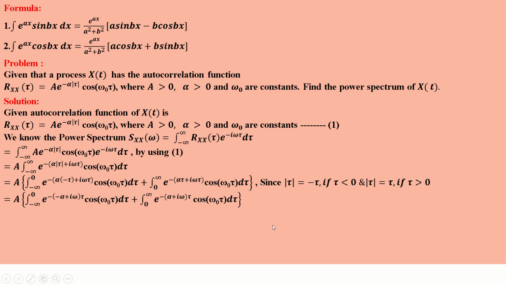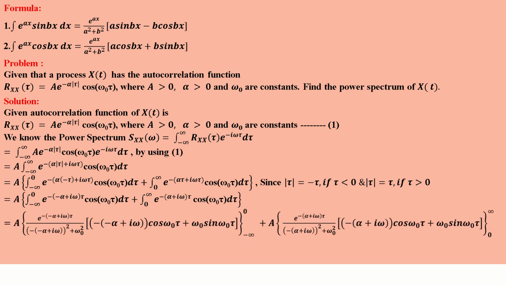So this is equal to integral minus infinity to 0 e power minus alpha plus i omega, tau is common, take it outside, into tau cos omega naught tau d tau, plus 0 to infinity e power minus alpha plus i omega into tau cos omega naught tau d tau. So this is equal to a into e power minus alpha plus i omega tau by minus alpha plus i omega the whole square plus omega naught square into minus alpha plus i omega cos omega naught tau plus omega naught sin omega naught tau.